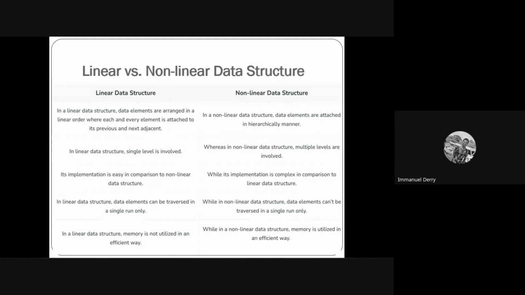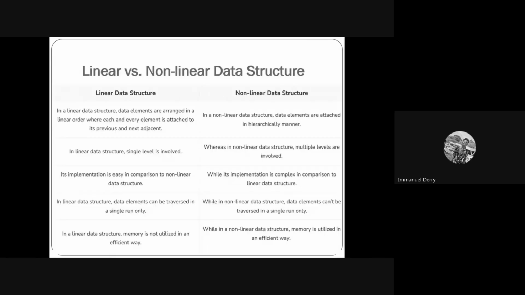When it comes to implementation, it's very easy to implement a linear data structure compared to a non-linear data structure, which is quite complex to implement. In a linear data structure, in terms of access or traversal, we do that in a single run only. But in a non-linear data structure, data elements cannot be traversed in a single run only.